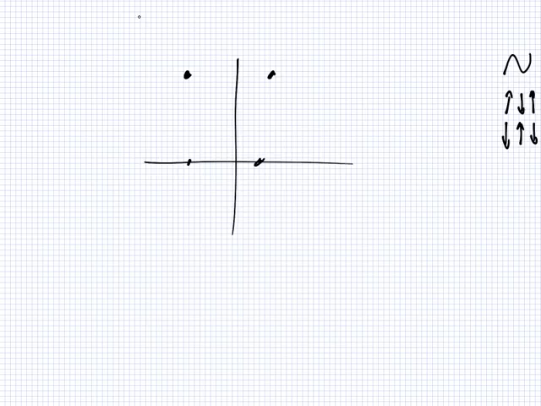Let's say there was 1 and minus 1. There. Down, up, down. So it only has 1 root.